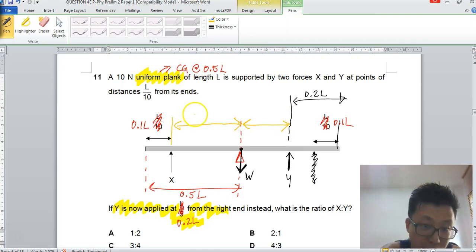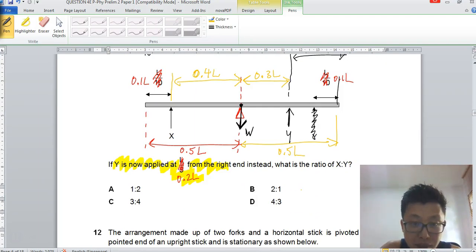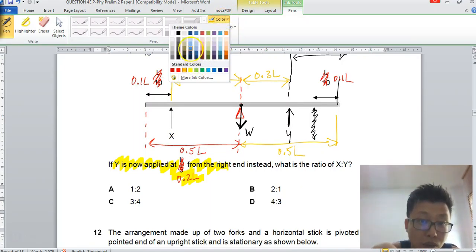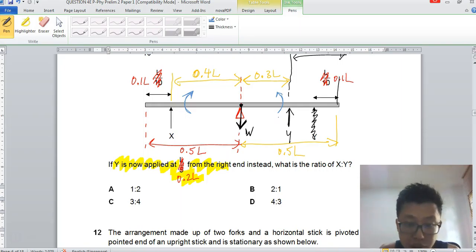If I use decimal, I can quickly work out that this one is 0.4 L and this one here is 0.3 L, because down here it is 0.5 L. Now, in order for this plank to be balanced, my clockwise moment must be balanced by my anti-clockwise moment. This force here will give rise to a clockwise moment. This force Y here will give rise to an anti-clockwise moment. I know that these two must balance, so I just need to write an equation on that.